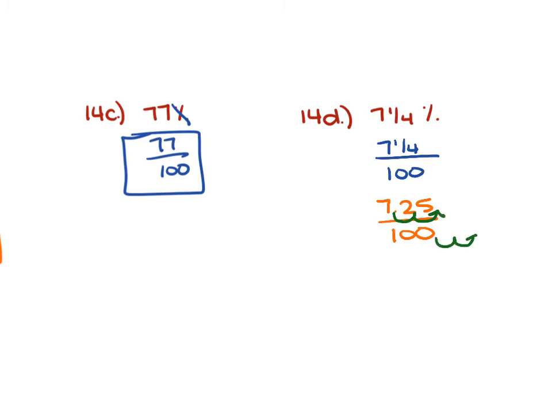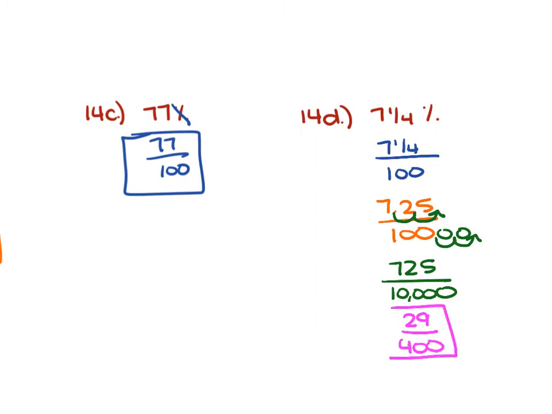I'm going to do the same thing with the 100 to make it 725 over 10,000. From here, I am going to divide both of these by 25. So the 725 divided by 25 gives me 29, and the 10,000 divided by 25 gives me 400. That is a simplified fraction, so that's my answer there.